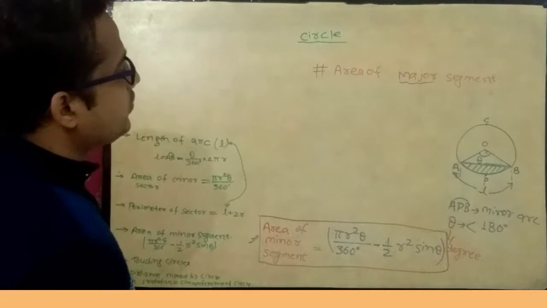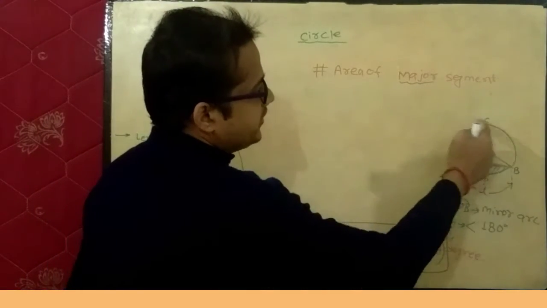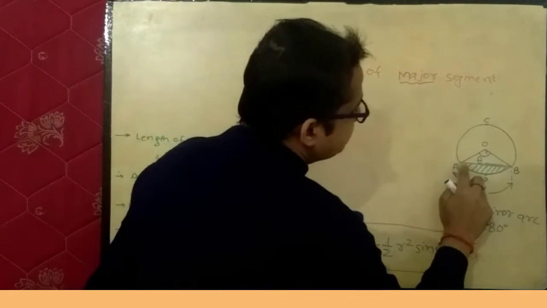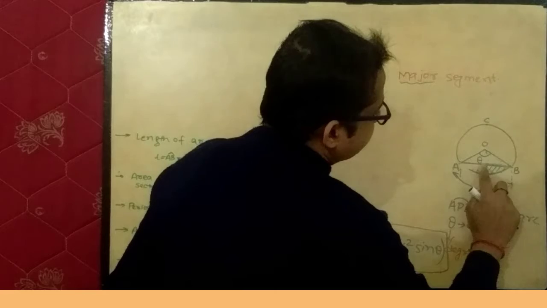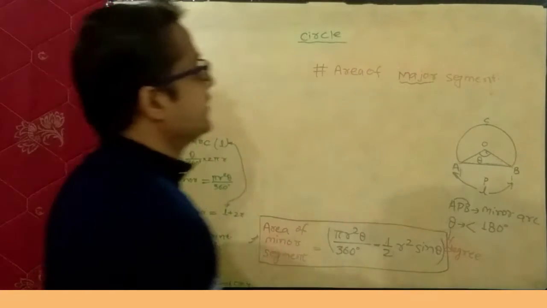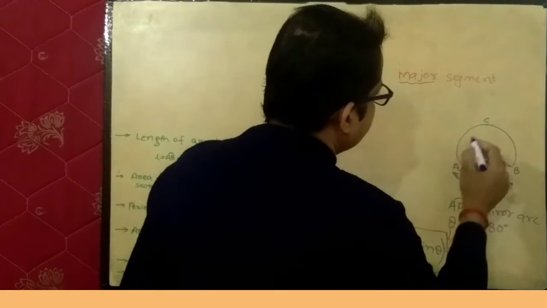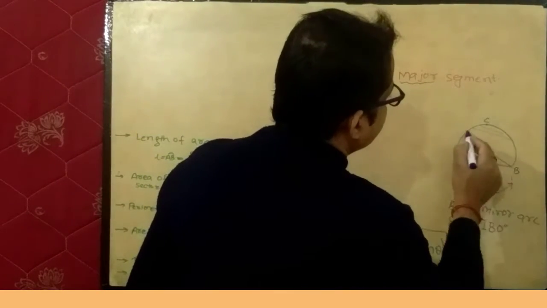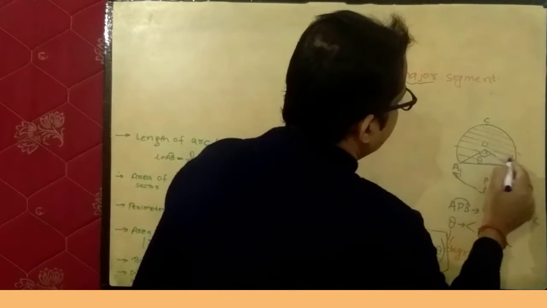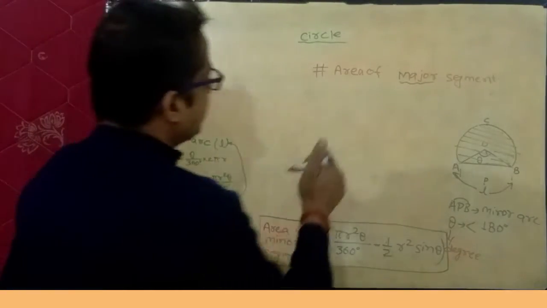In order to calculate the area of the major segment, simply calculate the area of this circle and subtract this area, that means the area of this minor segment. Then you will find the area of this portion, which is the area of the major segment. So it is simple to calculate.